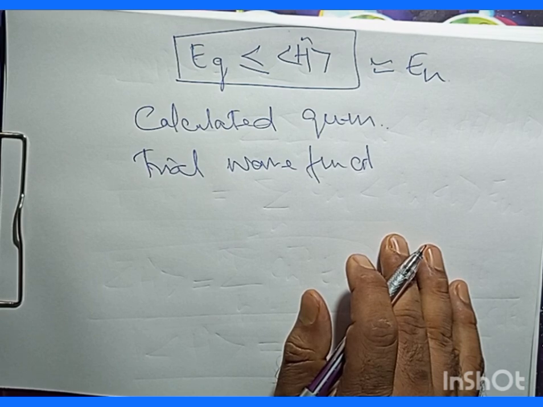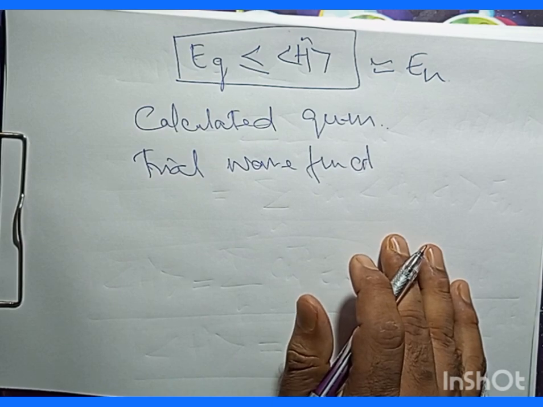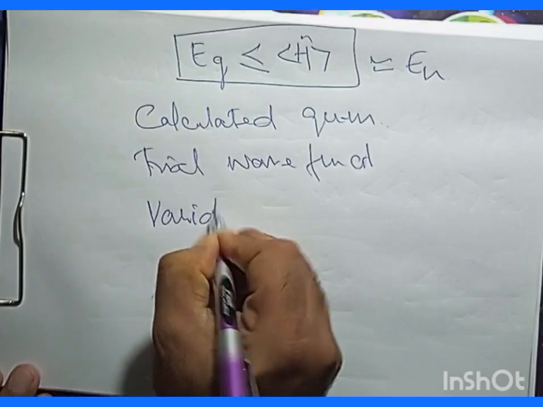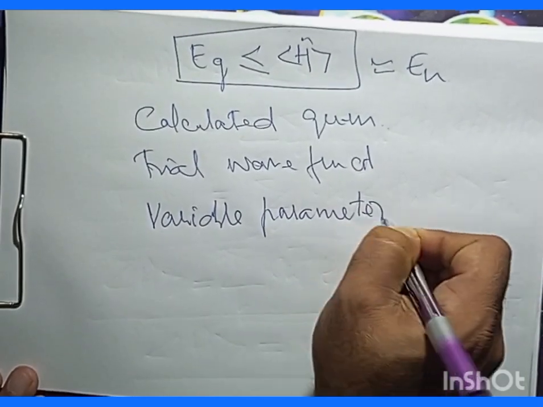It contains the symmetries, it contains the smoothness, all the information is accounted for in this trial wave function in terms of some variable parameters.